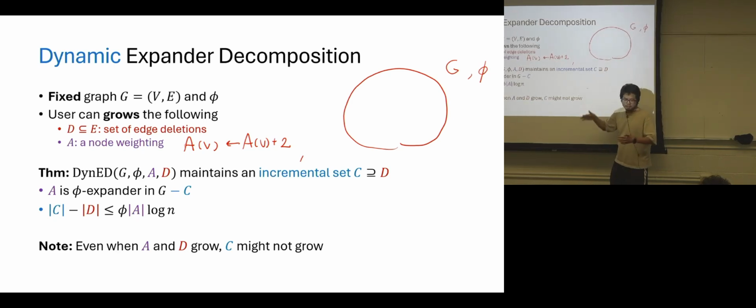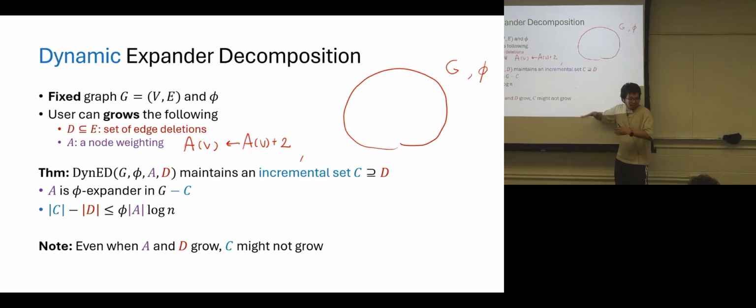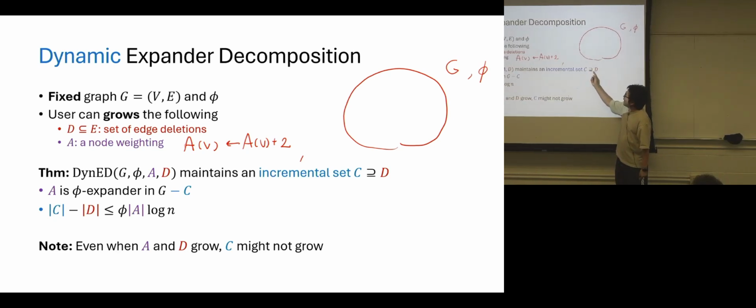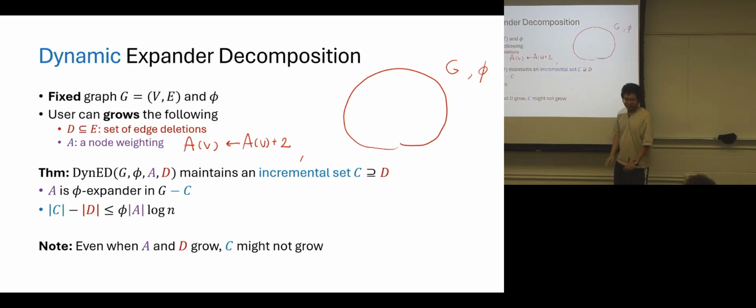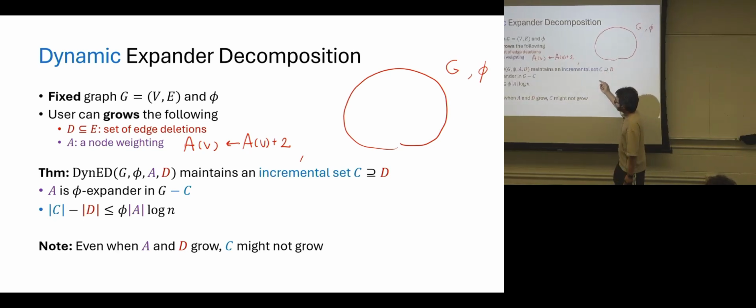Think of C as the thing that you cut out of a graph, and then you ask yourself to cut the things in D too. That's why I said you think of D as deleted edges. So you need to cut things from the graph, and the thing that you cut contains D. And now what we want from the set C is just like before, just like in expander decomposition.